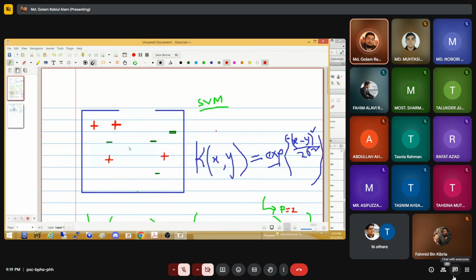So now in our problem we want to allow few misclassifications. Let's say after allowing few misclassifications, we got this hyperplane. And the margin is here.